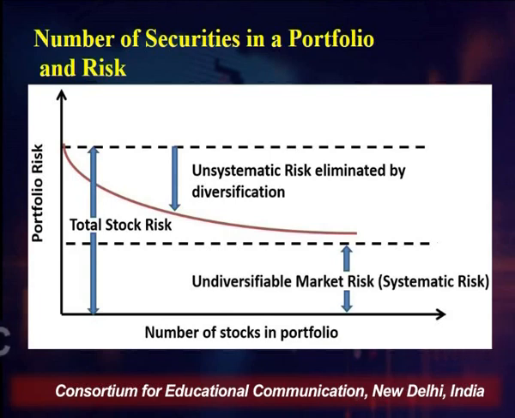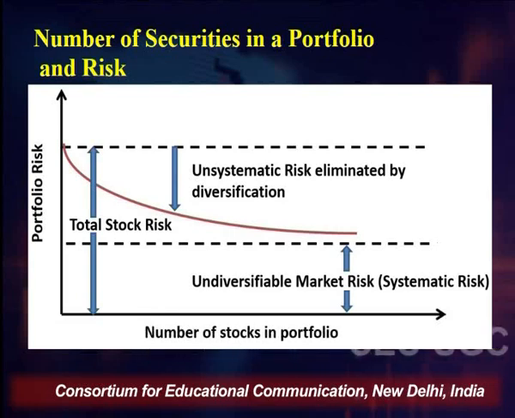This is being shown with the help of this chart and graph of the number of stocks in the portfolio. On the x-axis you are showing the number of stocks in the portfolio, and on the y-axis the portfolio risk. This dotted horizontal line is showing systematic risk.